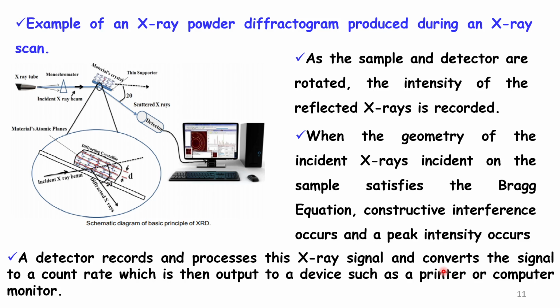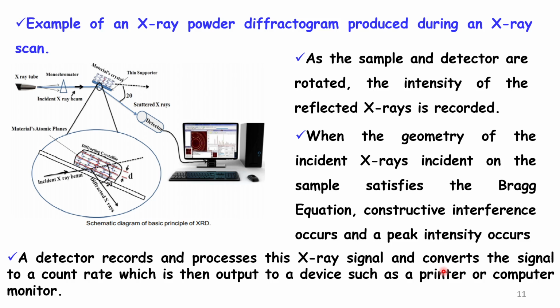So in this way, when the beam of X-rays is incident on any powder material and satisfies Bragg's diffraction condition, it gets diffracted and gives constructive interference having the maximum intensity.